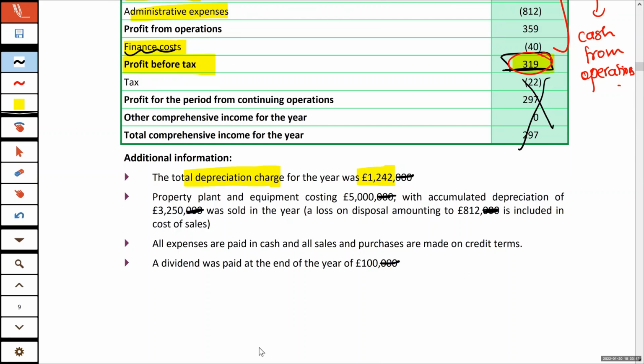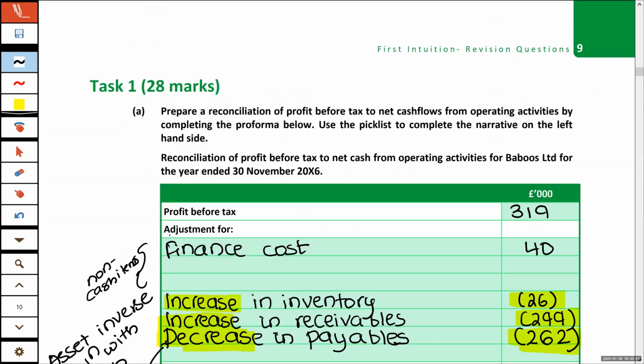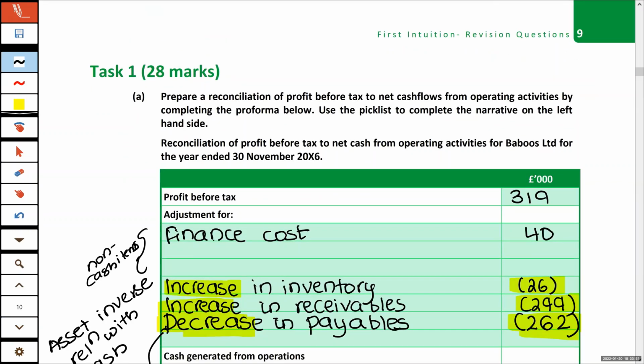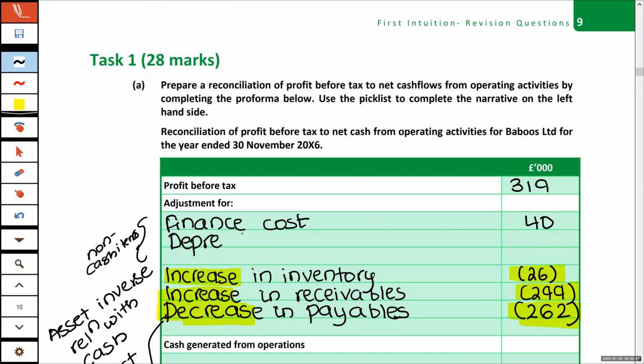So that 1242 depreciation expense will go here as well, because we know it is normally part of my administrative expenses. Expenses reduces my profit. Well, I'm trying to remove it. Therefore, I'll increase my profit. And that is 1242.